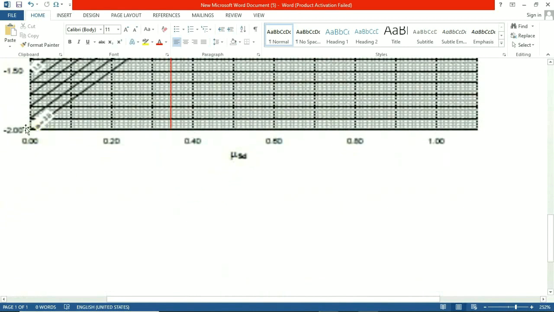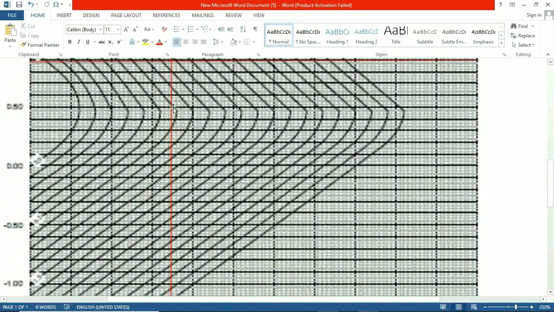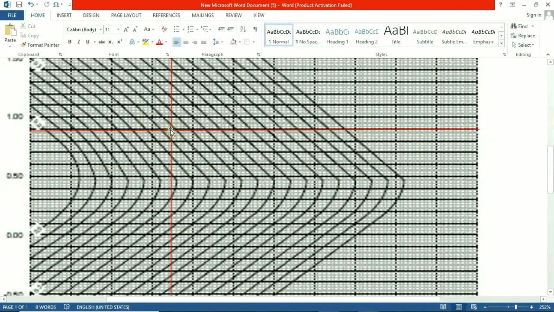0.347, 0.0001, 02, 03. Then 0347, which means 0341, 2, 3, 4, almost 5 here. So intersection point is here. This parabolic line is mechanical stress ratio.